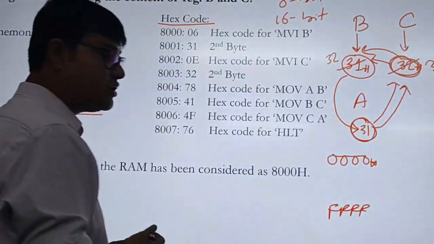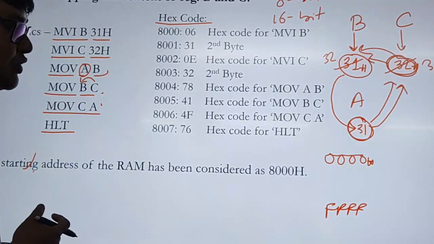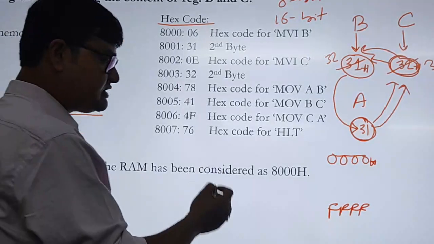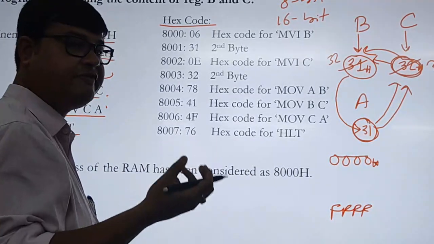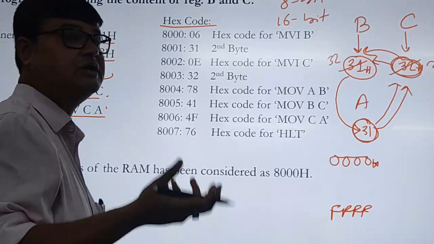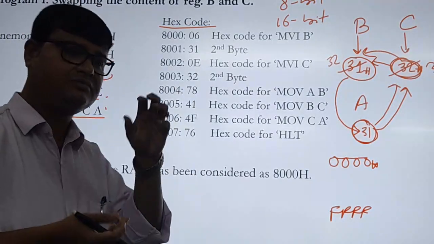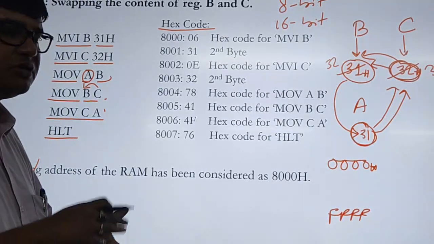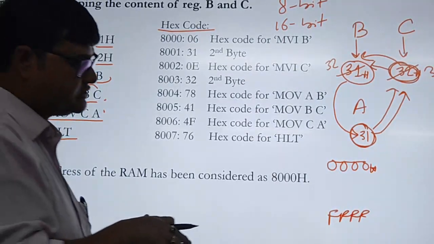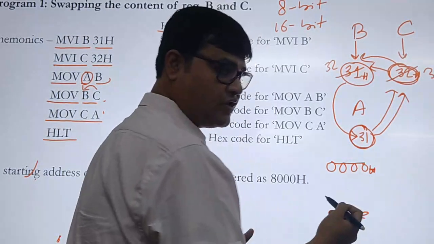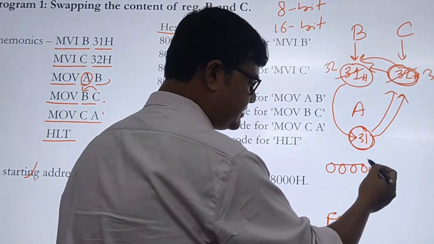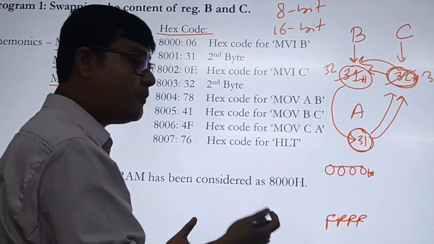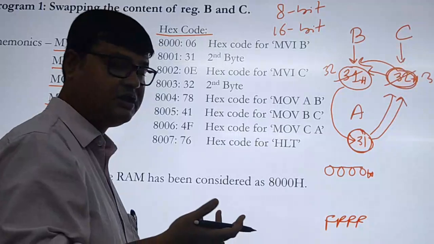But why are we not going to use these memory locations to store our programs? Because every microprocessor system has some particular operating system, some predefined program which is already loaded by the manufacturer of the microprocessor kit. So this program will always be loaded starting from the 0000 memory location, and some memory locations are required to load these predefined instructions, like the operating system of any machine.